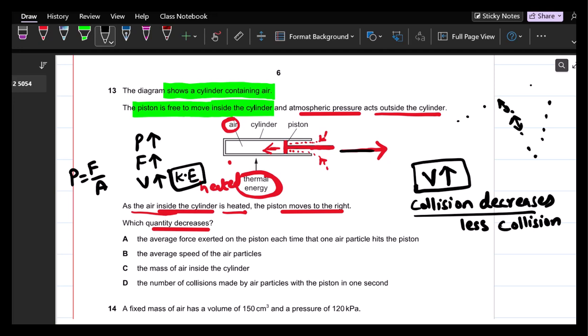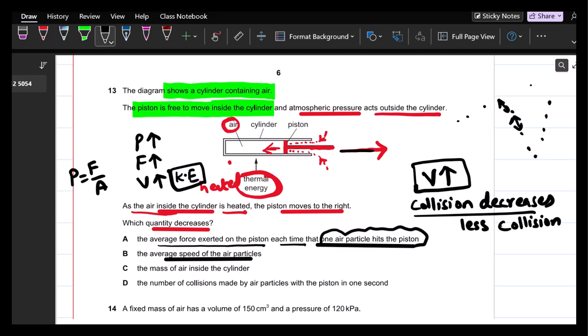So option A is saying the average force exerted on the piston each time one air particle hits the piston. No, this is not right. It is not possible that one air particle hits the piston. There are so many air particles. Option: the average speed of the air particles decreases.